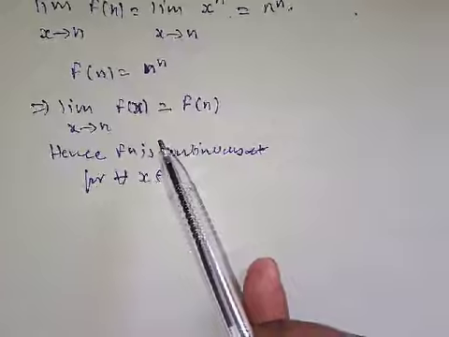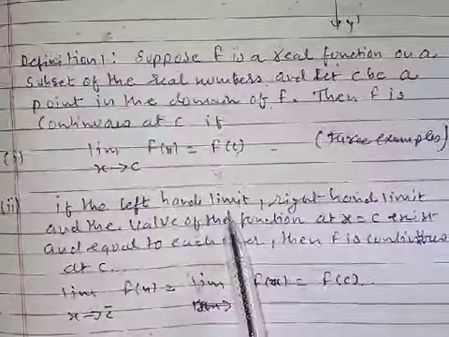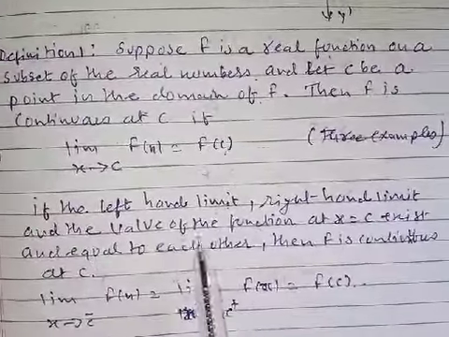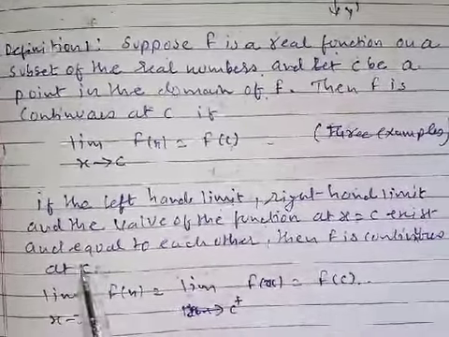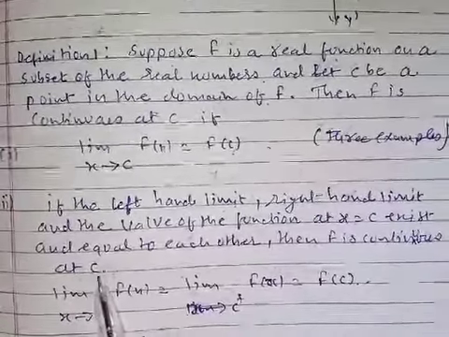Here it is that if the left hand limit, the right hand limit and the value of the function at x is equal to c exist and are equal to each other, then the function is continuous at c.